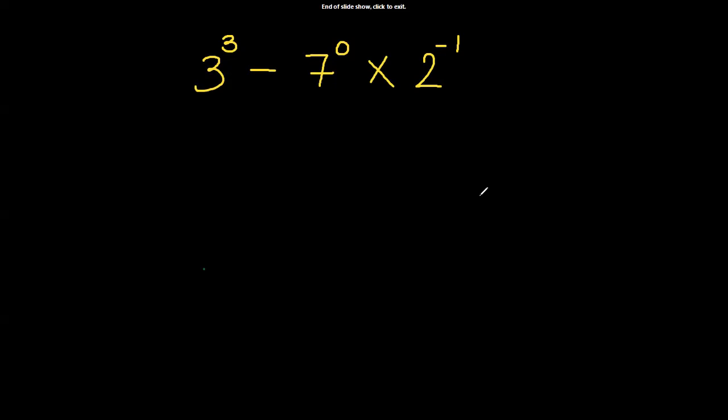So we have 3 to the power of 3 minus 7 to the power of 0 times 2 to the power of -1. Again, 3 to the power of 3 minus 7 to the power of 0 multiplied by 2 to the power of -1. Okay, and that's how we're going to do that one.